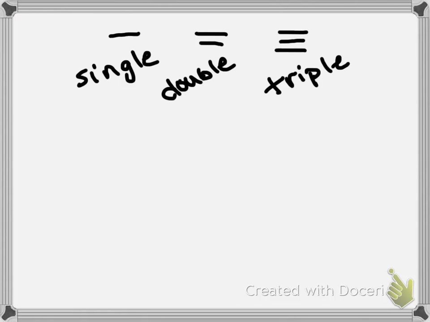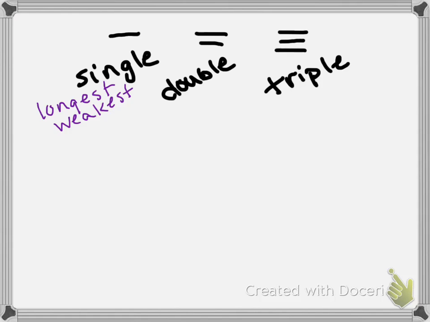Now, what we need to know about single, double, and triple bonds is their size and their strength. So you need to know that single bonds are the longest and they are the weakest.